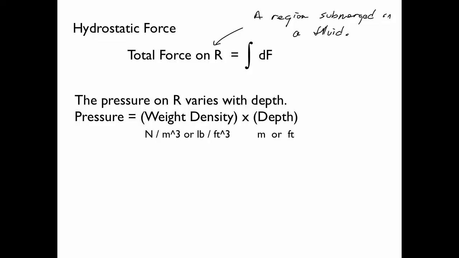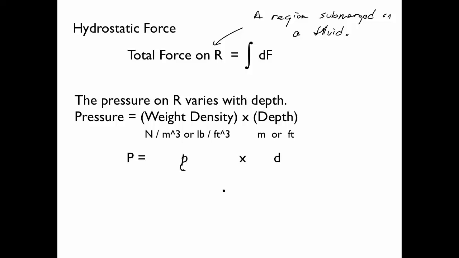All right, so that's our pressure. This is the pressure equation. Weight density is the Greek rho. It's kind of like a P, and you often see it with a curly tail like this. So Greek rho, the weight density of the fluid we're in, times the depth d gives the pressure at that depth.